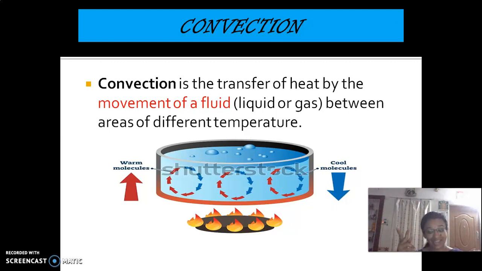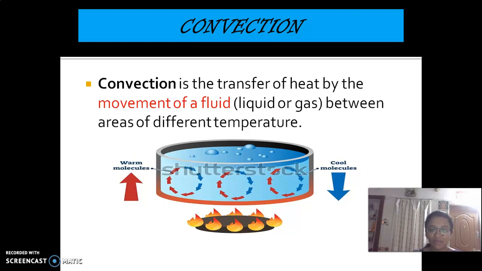Due to the density difference, the warm water moves upward and the cold water, due to its higher density, comes down. So here the fluid particles move from place to place. So the convection process takes place due to the density difference. I hope you are all clear with convection, because in the last class itself we have seen this.